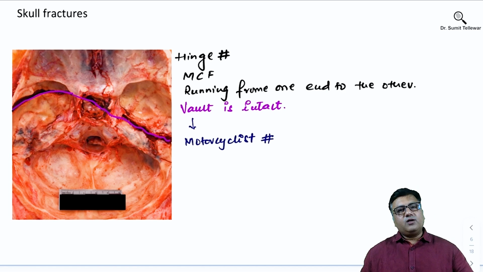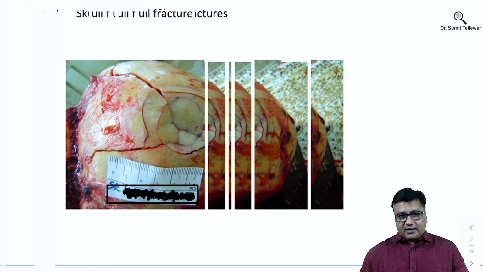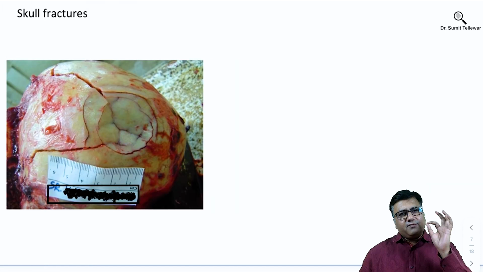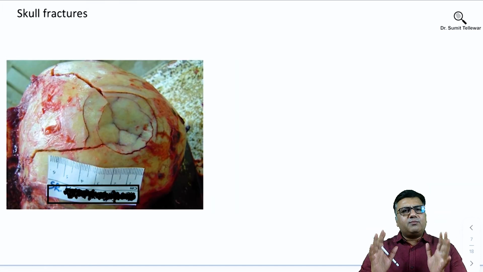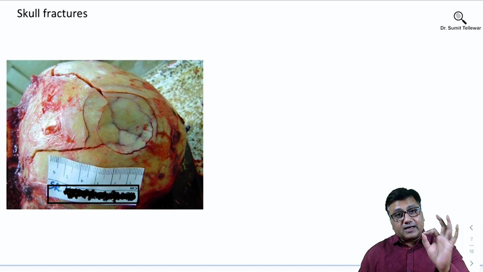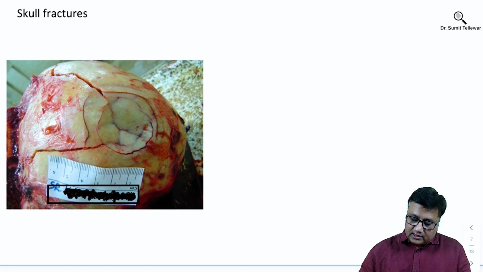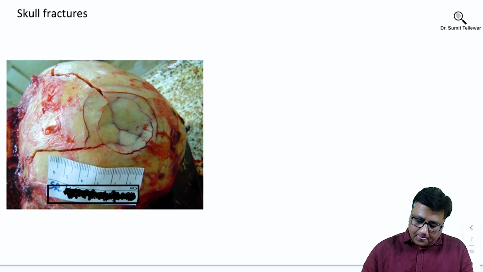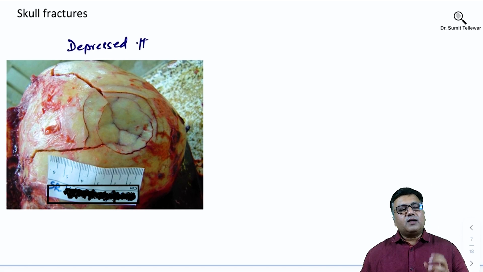Okay, let's see yet another kind of fracture, a very important fracture, but very seldom has been asked in the examination. But yes, theoretically it is very important. This is called as a depressed fracture. Okay, first of all, have a look at how depressed fracture looks like.